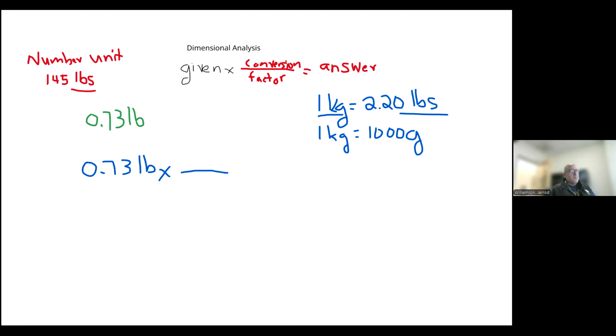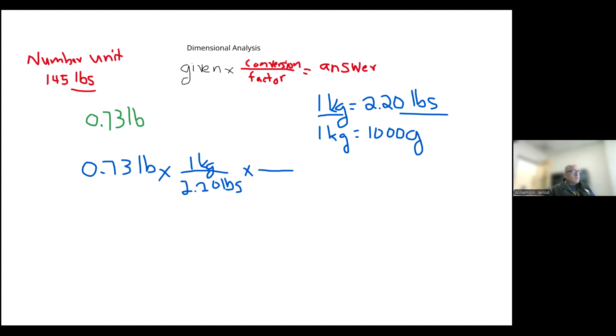This is the only one that has pounds in it. So I'm going to put 2.20 pounds in 1 kilogram. I'm not going to solve it. I'm going to show the second step. You have to do it this way.